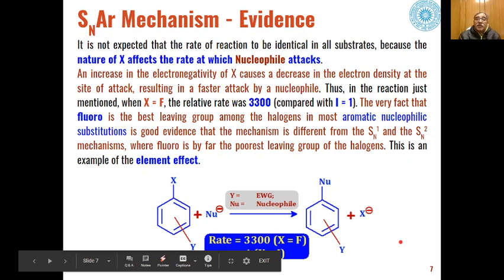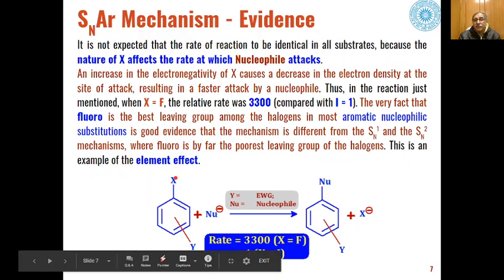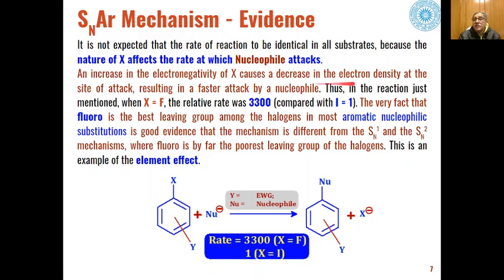Then another evidence is that the nature of the leaving group affects the rate at which the nucleophile attacks. An increase in electron activity of this leaving group causes a decrease in the electron density at the site of attack.